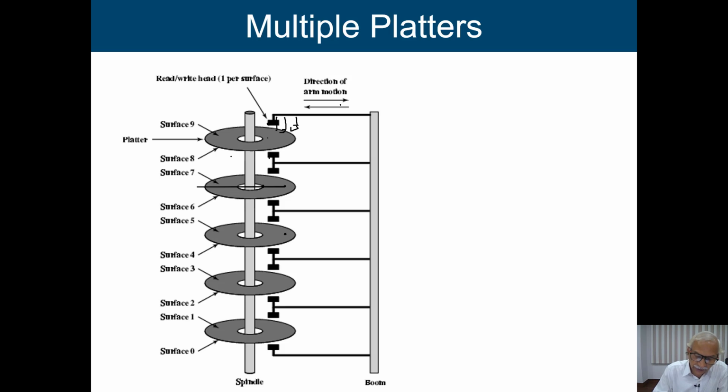The arm movement is not there; the heads are stationary, and for every track we have a dedicated head. So we have several heads over here, but in the case of a movable head, we have one head per recording surface. This is the way we can visualize our hard disk pack.